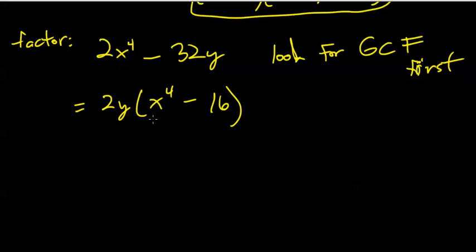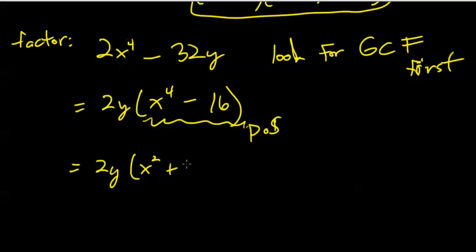Of course, this x to the fourth minus 16 is a difference of squares. I usually abbreviate that DOS. So I can rewrite this binomial factor as x squared plus 4 times x squared minus 4.